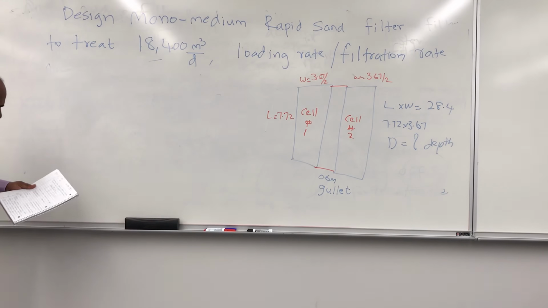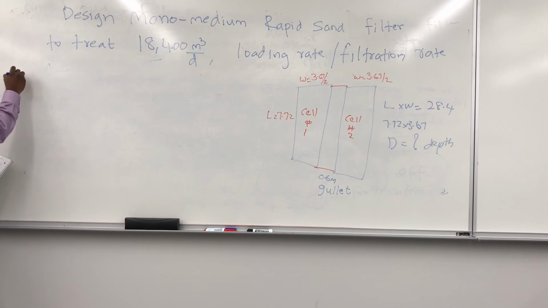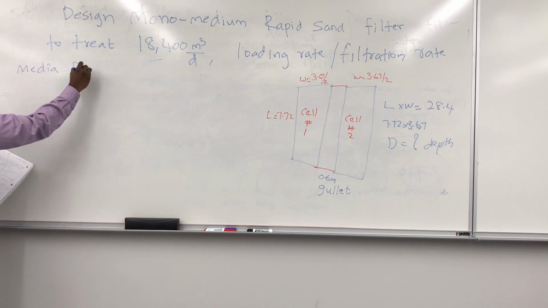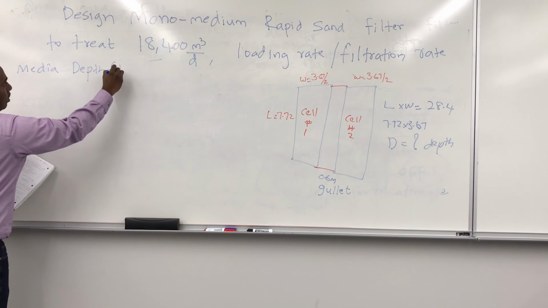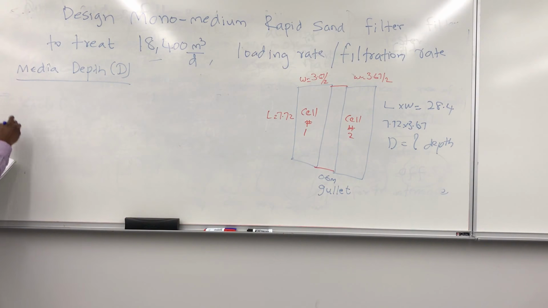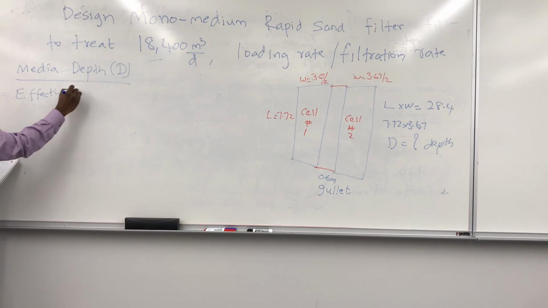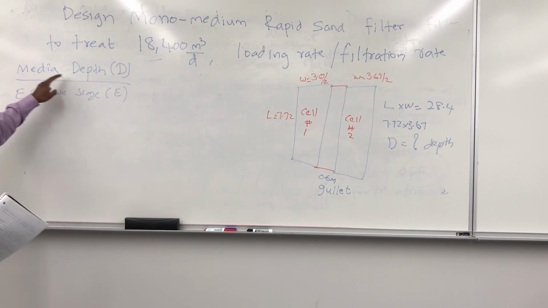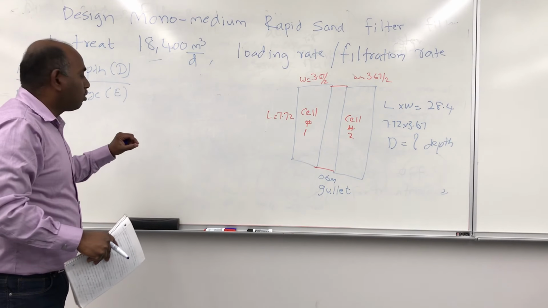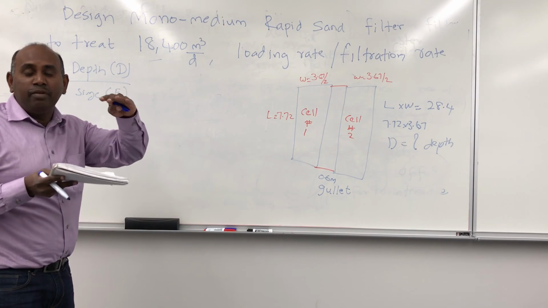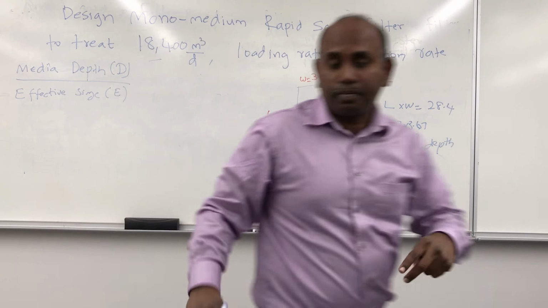So the design criteria: media depth D divided by effective size E. Media depth means the depth of particles, or depth of sand or any material that forms the filter.